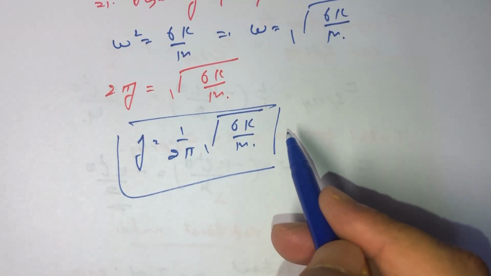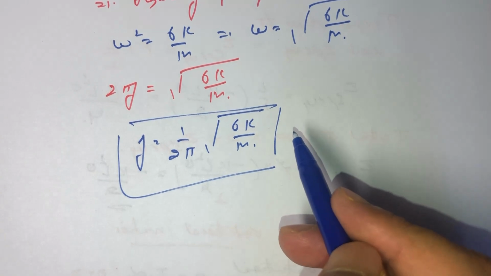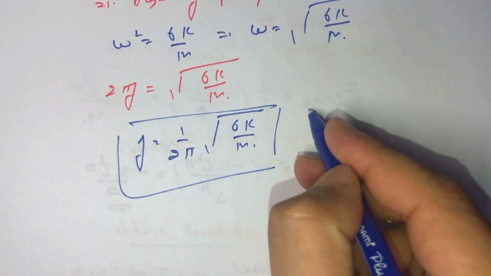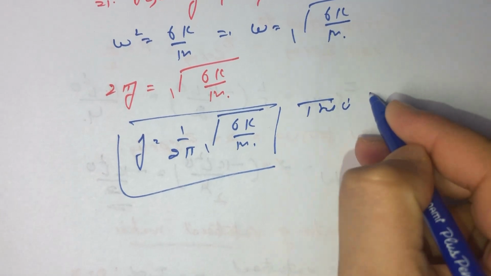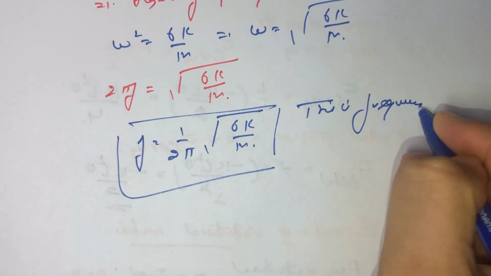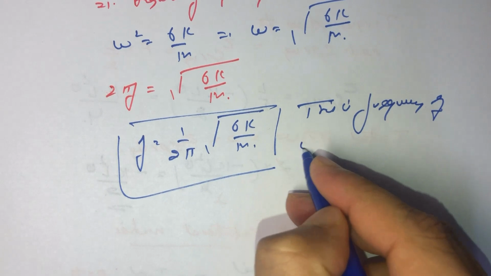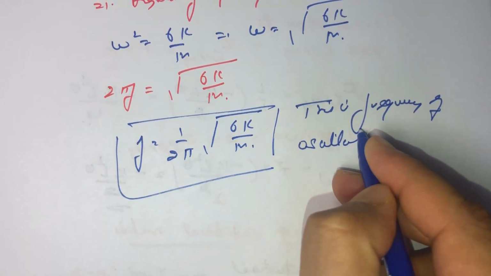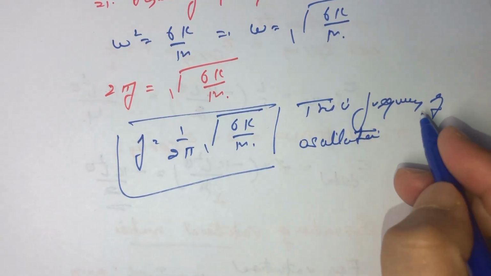So this is the frequency of oscillation for the rod.